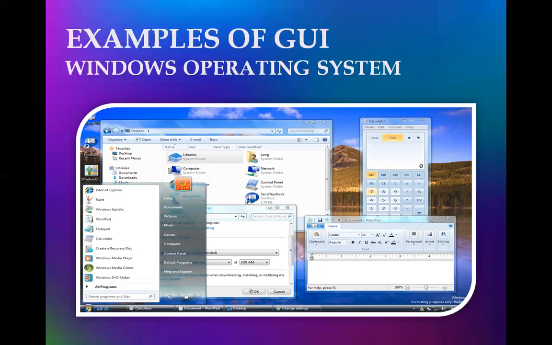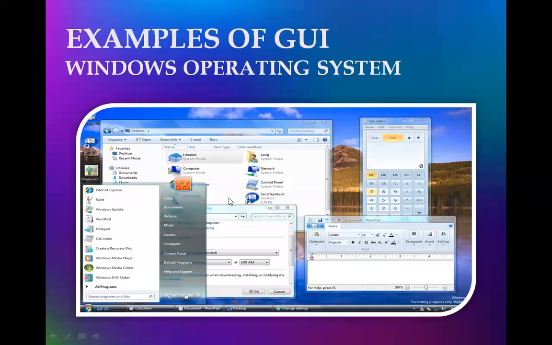Here's the Windows operating system, which uses a graphical user interface. As you notice in this figure, all operations, all commands like calculator, desktop, your documents, start button, and your Word document are stated in graphical images.